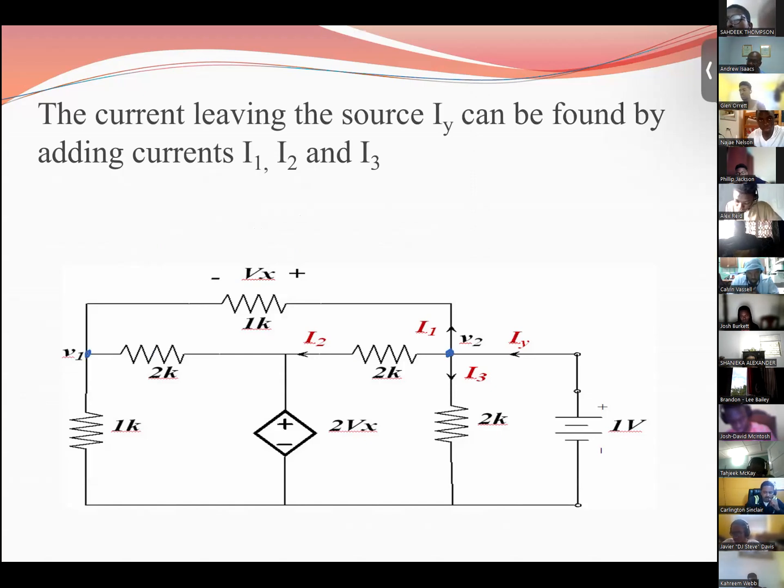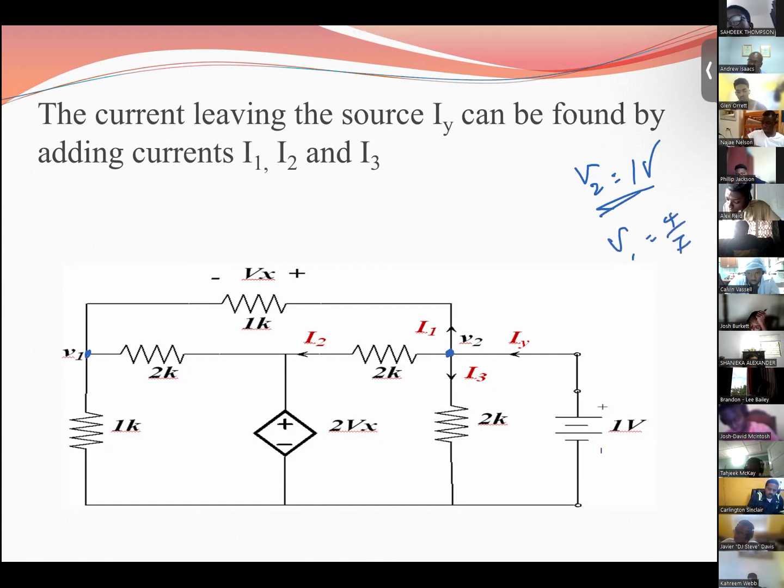Then based on our circuit, what is V2 equal to? 1 volt. So we know that V1 is equal to 4 over 7. So what we need to find therefore are I1, I2, and I3 in terms of V2.